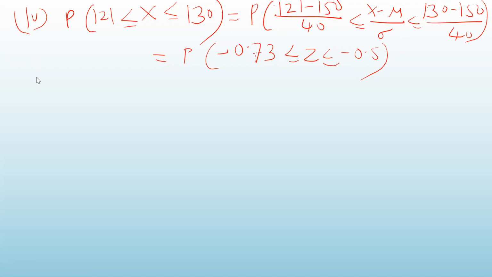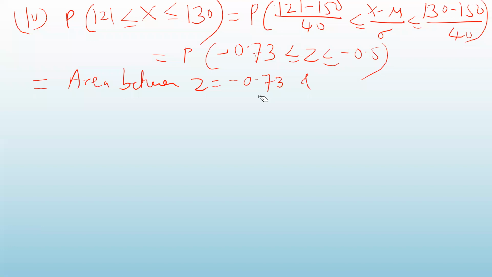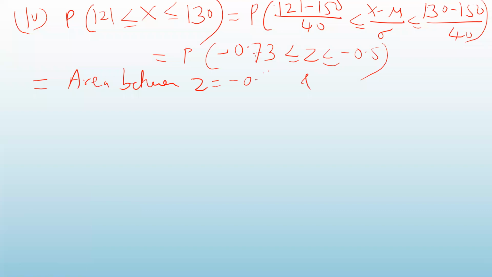Now what I want is the area between Z equal to minus 0.73 and Z equal to minus 0.5.